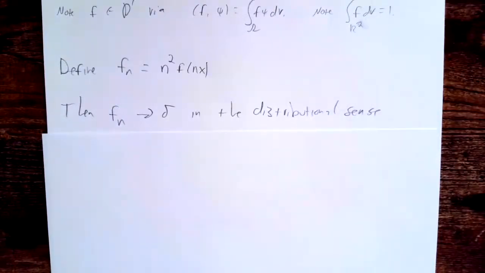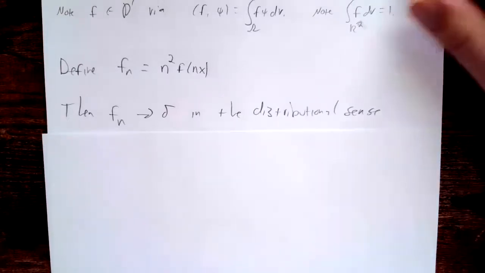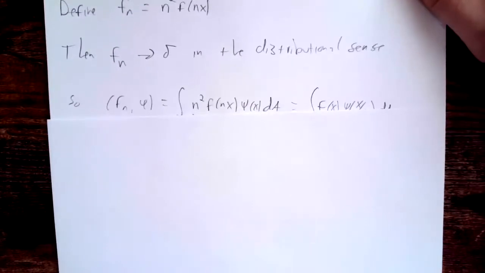Now, I claim to you that f_n converges to the Dirac delta in the distributional sense. So f_n is a distribution in the sense that applied to a test function psi, you're just integrating against it. I'll show you that these things converge without working out every last detail.